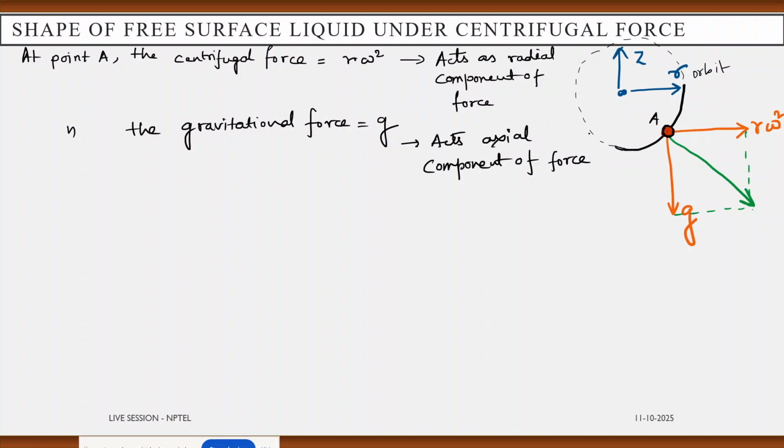So when you combine these two forces, you have one resultant force. So R is the resultant force. When you have this at point A, what is the slope of this? So you put a slope.